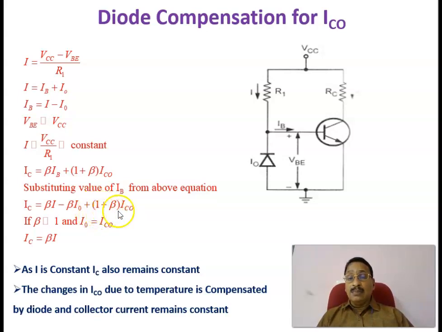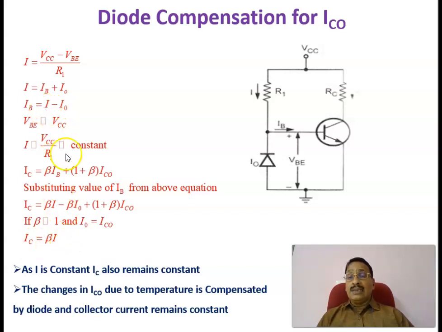This can be written as beta ICO, and since the same material is used, beta ICO and beta I0 cancel. So IC can be equated to beta times I. The collector current equals the common emitter current gain beta into I.